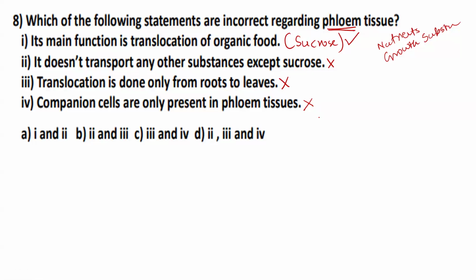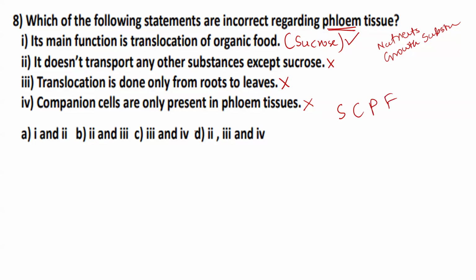Or else, companion cells are not present anywhere else, it's only present in phloem. You can take the meaning like that also, no? So, according to me, I'm thinking they are saying phloem tissue is only made out of companion cells. No, it is made out of sieve tube element, companion cells, parenchyma, fiber.